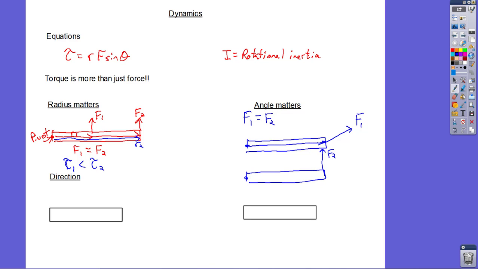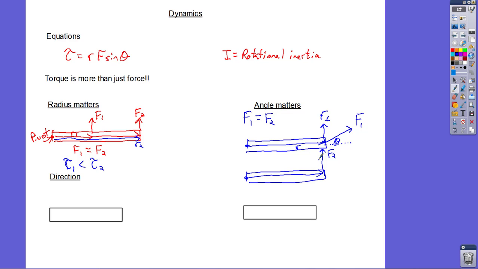So that is R, and that is theta. So this perpendicular component is the only one that is generating torque, and so that would be much less than F1 in the bottom case. F2 is greater.